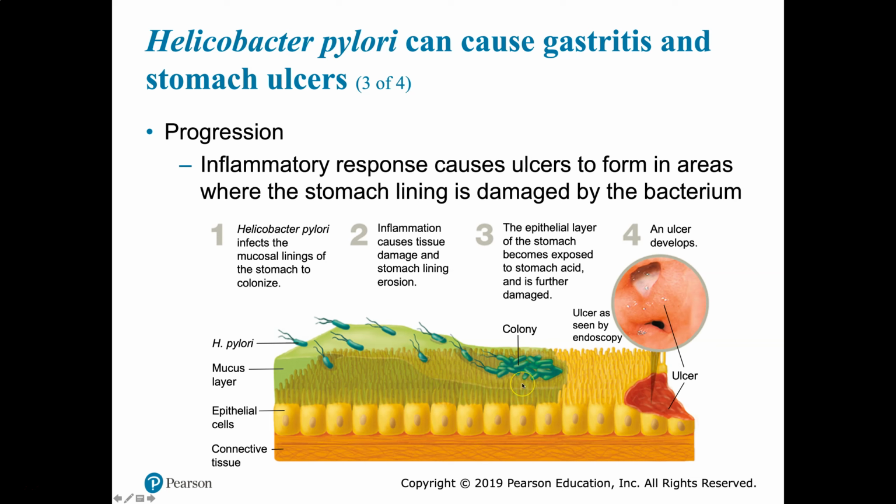Colonizes, it starts to erode away the lining and cause tissue damage, and then eventually the epithelial layer of the stomach, these cells right here, become exposed to the stomach acid, and the stomach acid starts to destroy them, leading to an ulcer.